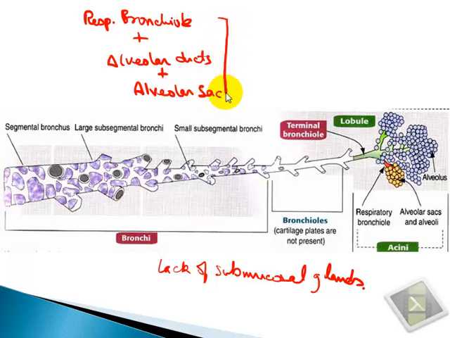So this whole thing is equal to one acinus. A group of these acini will be called a lobule, whereas this part is called the acinus.